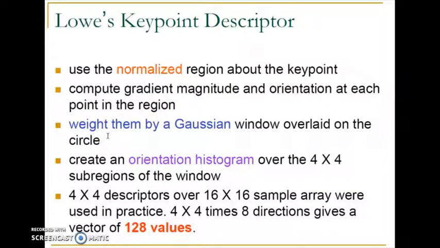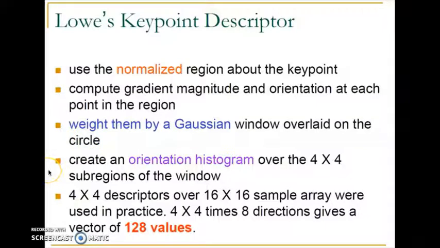The reason for using the Gaussian window is that it is going to smooth out the image and remove noise, because the gradients occurring at the individual pixels can have noise, even the sensor noise because of the camera or the imaging device, and therefore we weight them by the Gaussian window to remove the effect of noise.